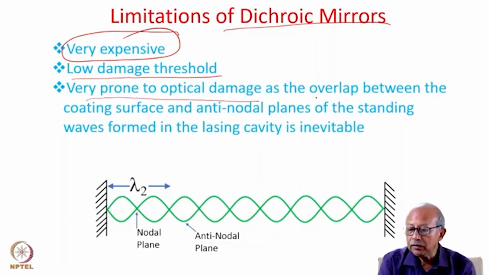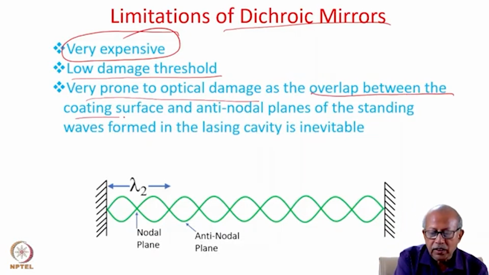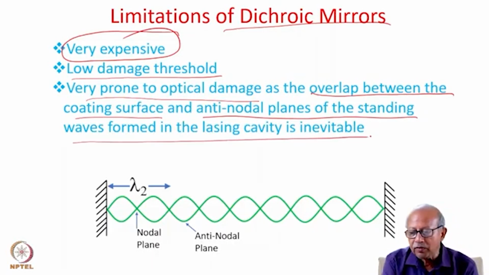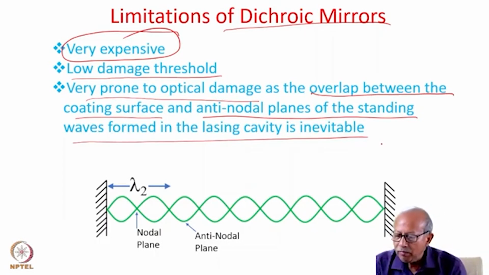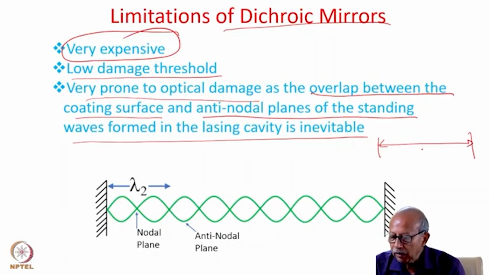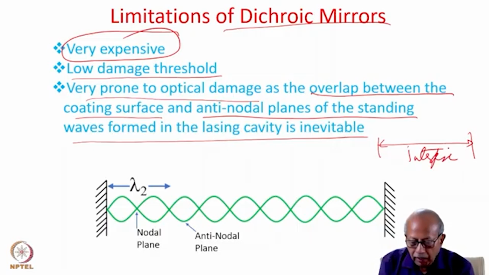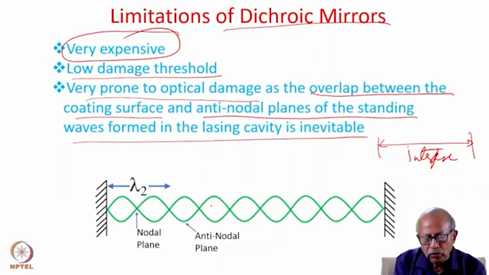More so as the overlap between the coating surface and the antinodal plane of the standing waves formed in the lasing cavity is inevitable. Let me quickly explain this. See, when a laser lases, when to and fro oscillation takes place, then the waves propagating in the two directions actually interfere and form a standing wave as shown here.